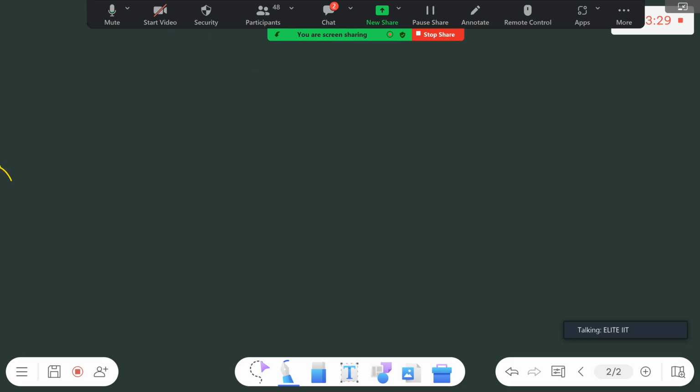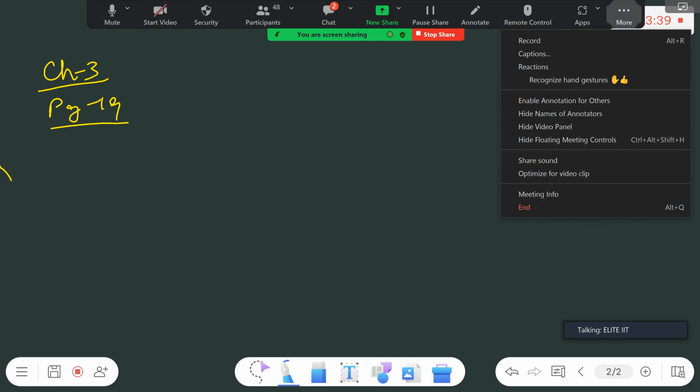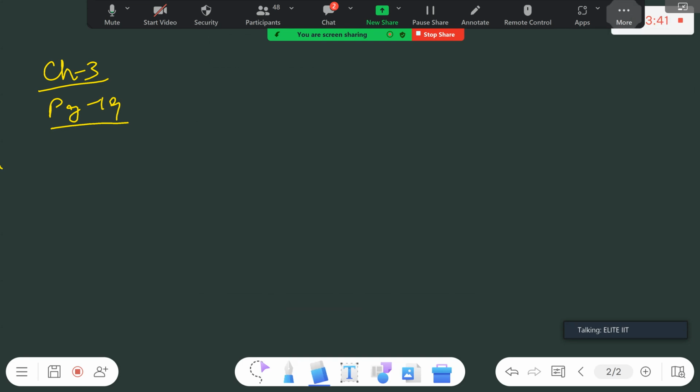Okay, chapter number 3, page number 19. Let us look at subtraction of fractions.